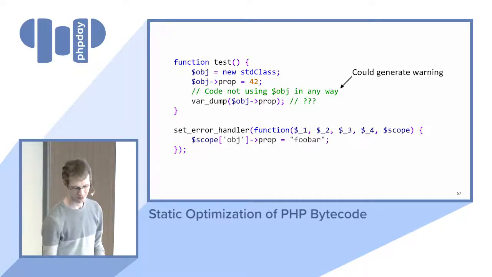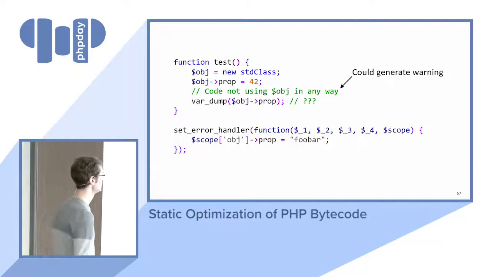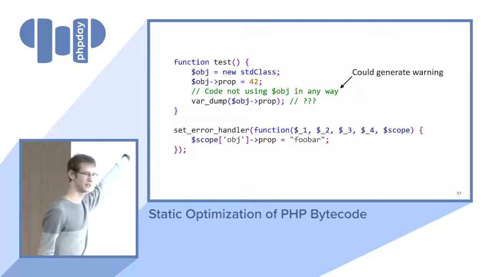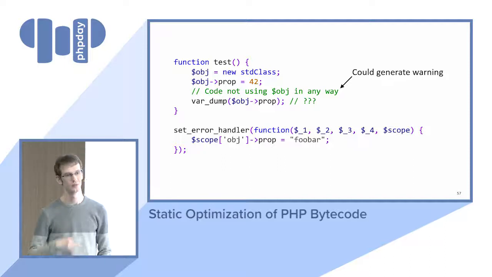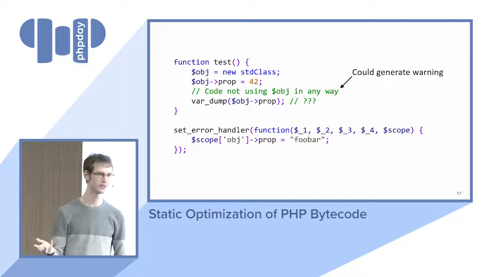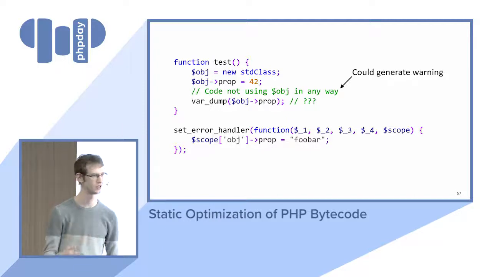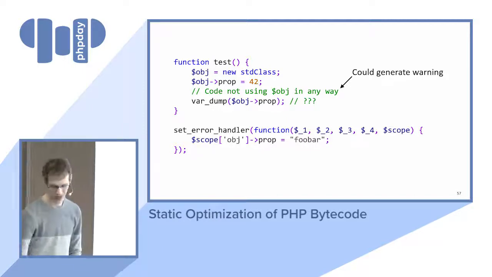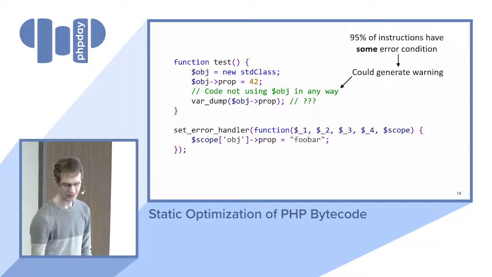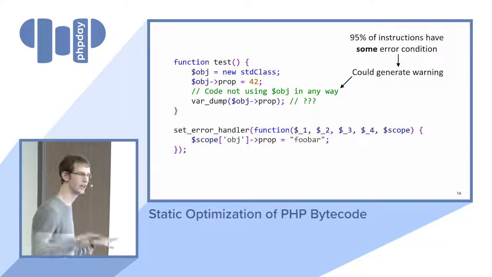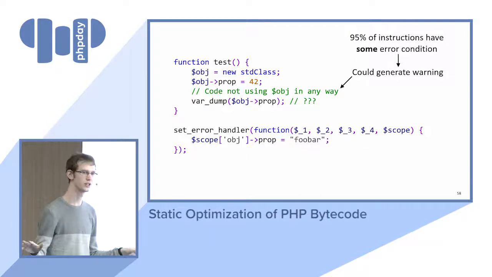So if that commented code here doesn't use the object directly, but could maybe generate a warning, then through the error handler it could still be modified, in which case the optimization becomes invalid. And the big problem is that in PHP practically everything can generate errors.